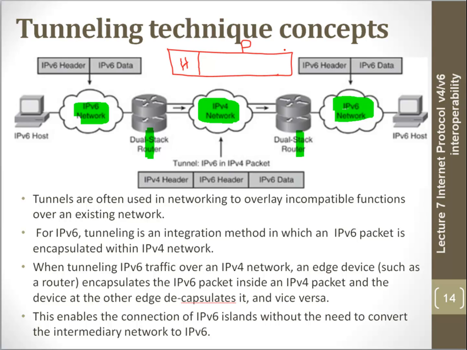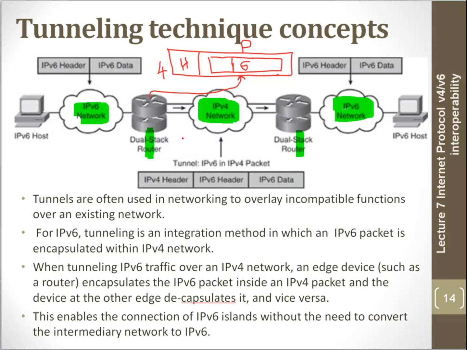This is the IPv4 packet. Now this router is going to encapsulate the IPv6 packet inside this packet. It is going to do encapsulation. So this is an IPv6 packet, and outside we have the IPv4 packet. Now the encapsulation is done by this router.